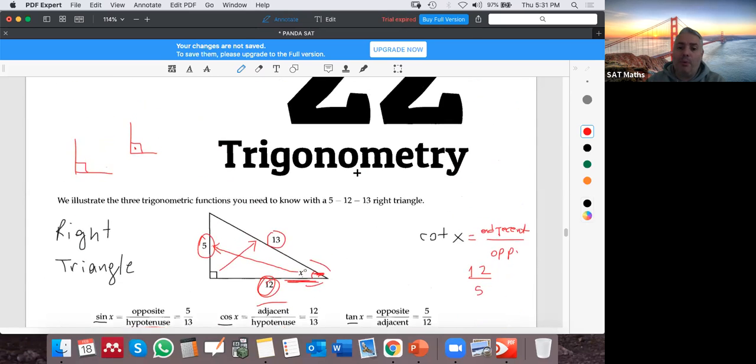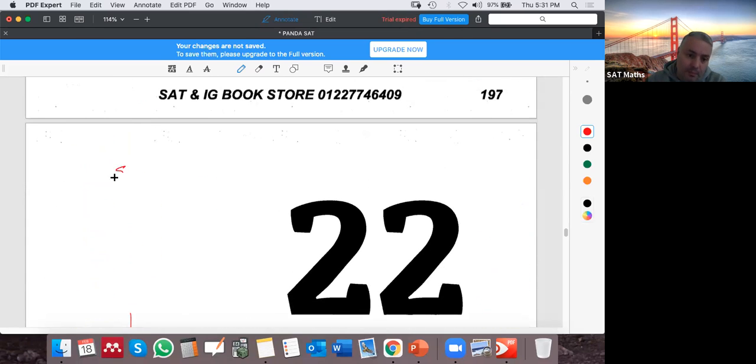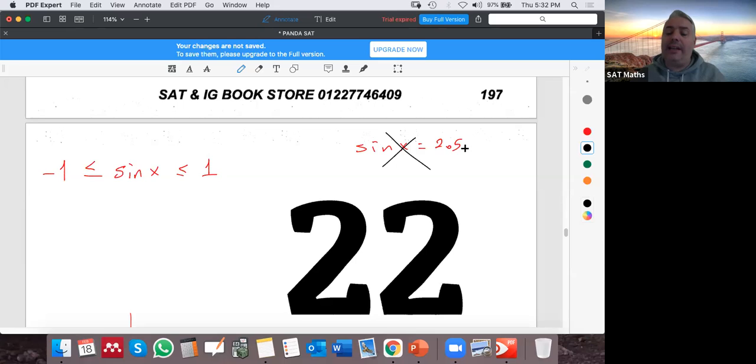And one more important thing, let me tell you. Sine of x, as a result, could be maximum 1 and minimum -1. So you don't have sine of x equal to, for example, 2.5. If you have that, it is wrong. There is no angle whose sine is 2.5. So the maximum sine of x is 1, minimum is -1.